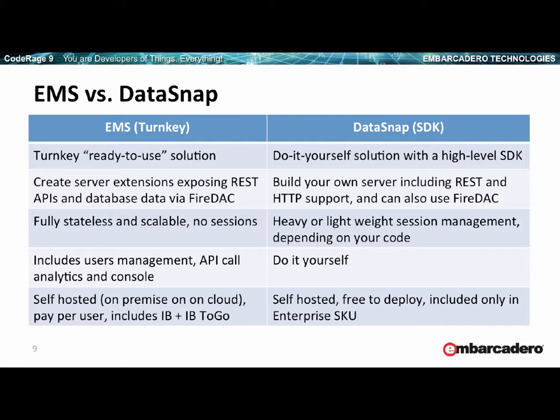There's no sessions, and that means that it's also more scalable and more robust because there's no session management that could cause issues. On the DataSnap side, there is session management. This is just the way DataSnap has been built over the years. Even if you're using REST, there's some session management. Now you do have options to not use sessions, but this is generally how the architecture was designed to be used. So that's a pretty big difference between the two of them.